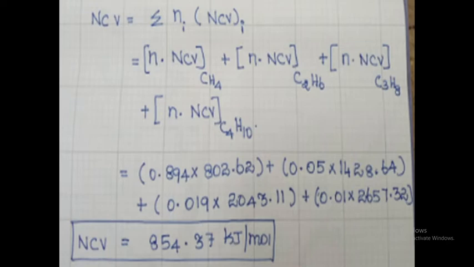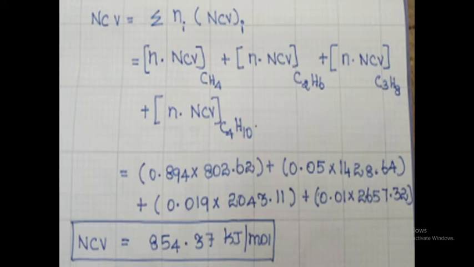Are you clear? Okay. So here NCV is equal to N into NCV of methane plus N into NCV of C2H6 plus N into NCV of C3H8 plus N into NCV of C4H10. All these four components' NCV values and their numbers of moles are given in our problem.